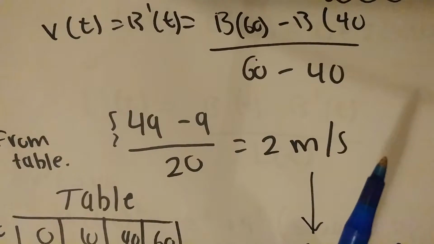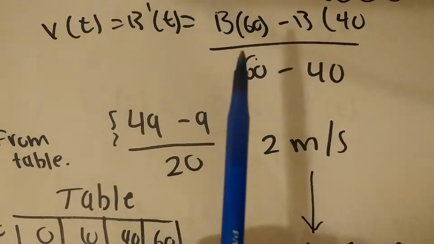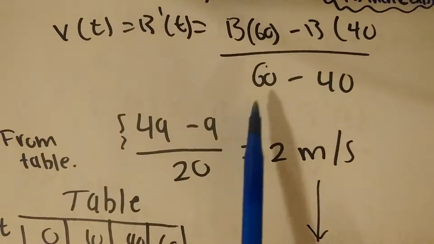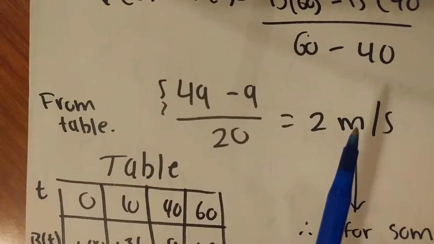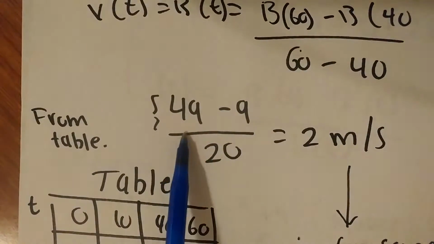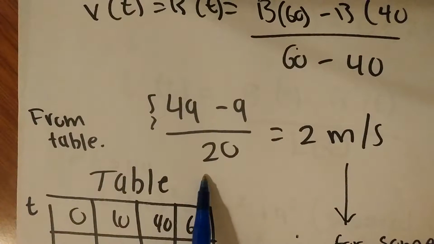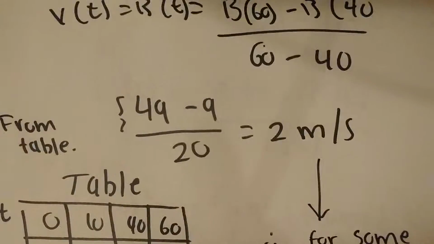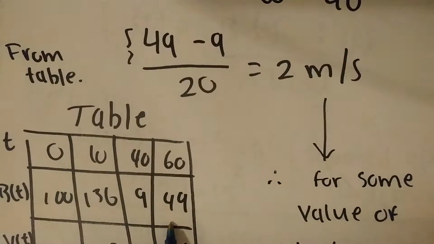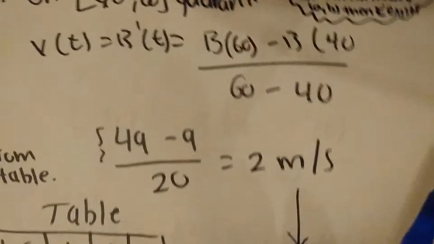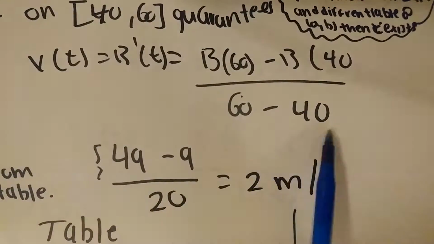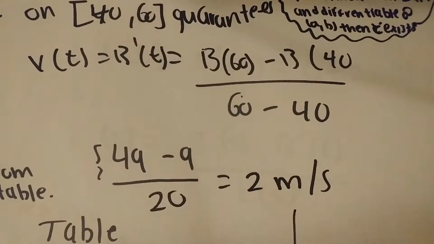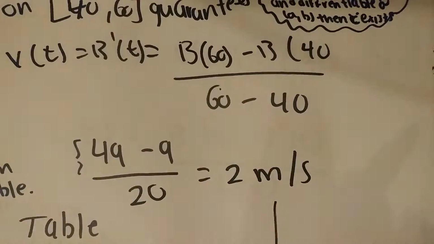So b of 60 minus b of 40 over 60 minus 40 is our equation, and from the table we get 49 minus 9 over 20, because b of 60 is 49, and b of 40 is 9 right there, and then 60 minus 40 are the bounds, so 20, and that equals 2 meters per second.